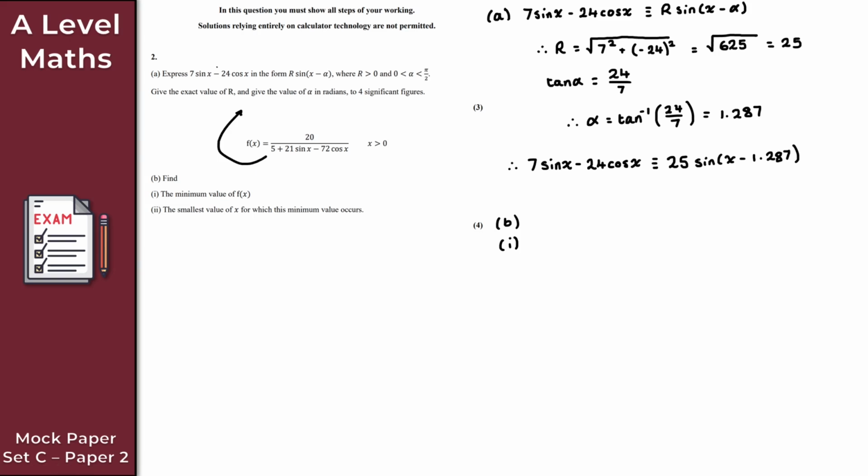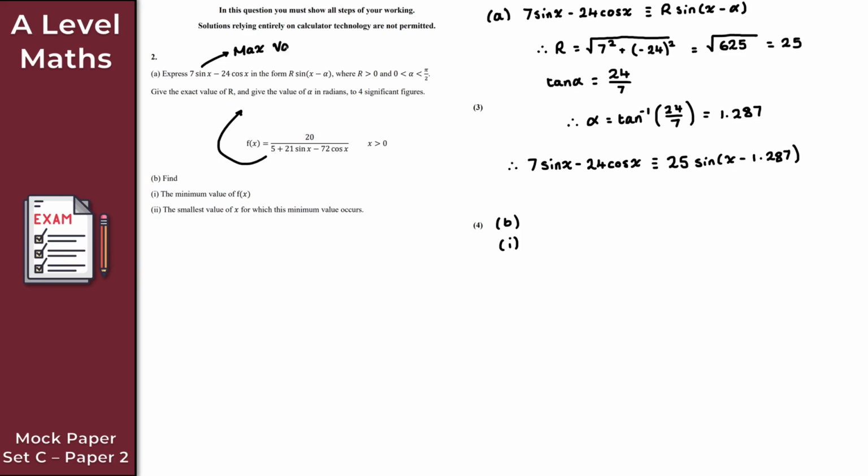So in that case, what is the maximum value of this expression? Well, that is when sine of x minus alpha, which here is sine of x minus 1.287, is equal to 1. So it's 25 times 1. So the maximum value of 7 sine x minus 24 cos x is 25. Let's just make a note here.